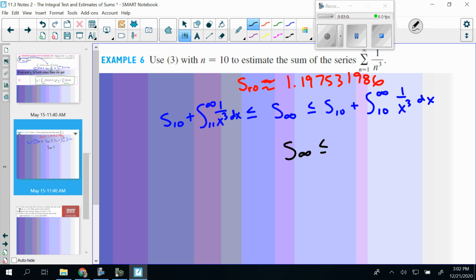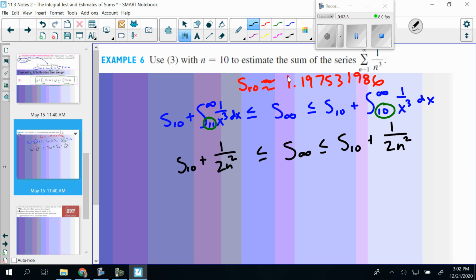For this problem, we got our estimate value of s of 10 plus this came out to be 1 over 2n squared. And the same on this side, this is going to be our s of 10 value plus 1 over 2n squared. The difference is what our n value is. Here it's going to be 11, here it's going to be 10.